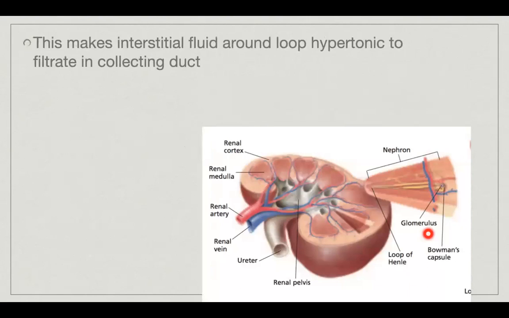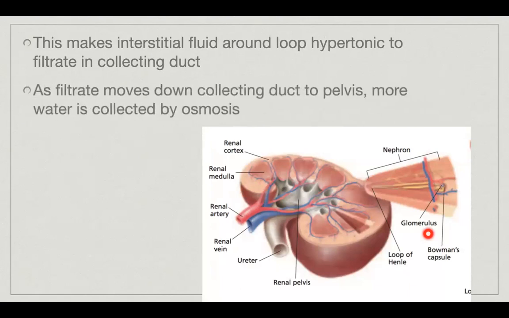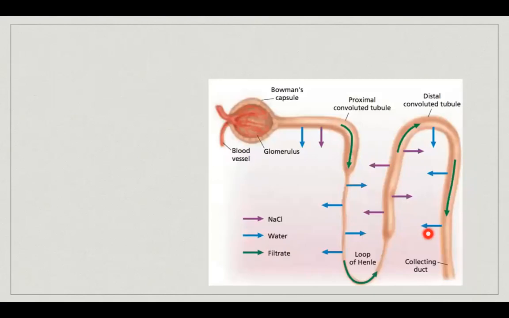This makes the interstitial fluid, or the fluid in the tissue, the cells surrounding the loop, hypertonic to the filtrate in the collecting duct. So as the filtrate moves down the collecting duct to the pelvis, more water is collected by osmosis. So let me just go back here.